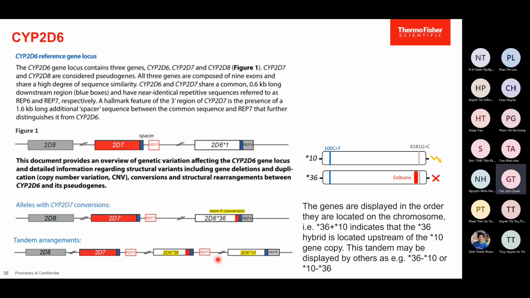And this is very prevalent in our region in Asia, STAR36-10. From what I know, 38% of the Vietnamese population is actually STAR36-10. It means that you have this CYP2D7 inserted into the CYP2D6, and you also carry a STAR10.